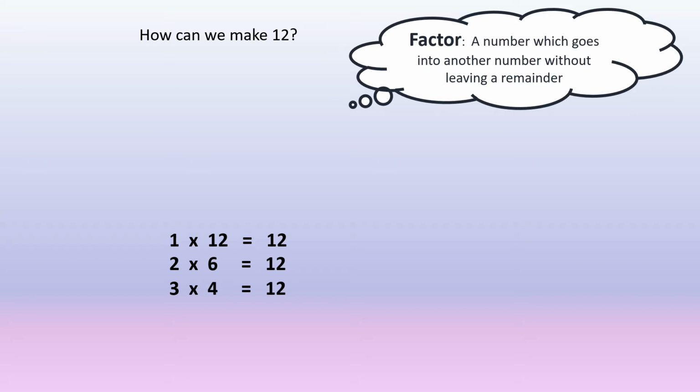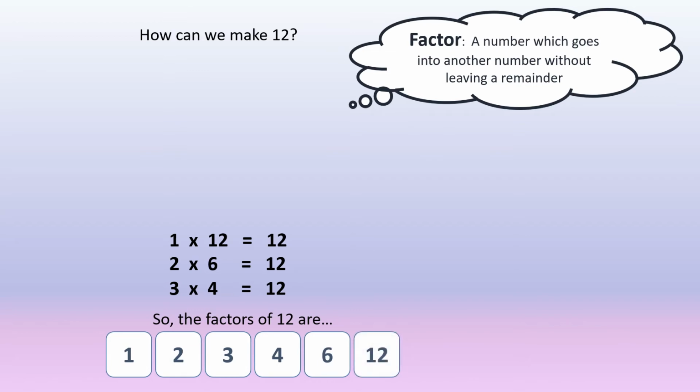So the factors of 12 are 1, 2, 3, 4, 6, and 12. So a factor is what can go into it, and a multiple would be its times table, so 12, 24, 36, and so on and so forth.